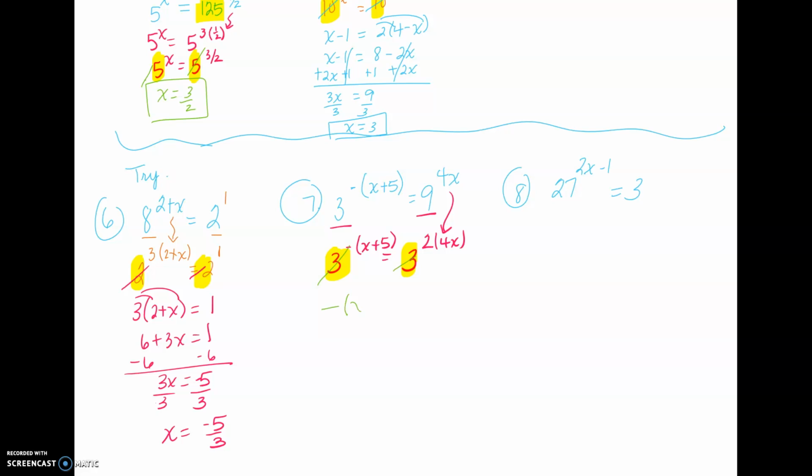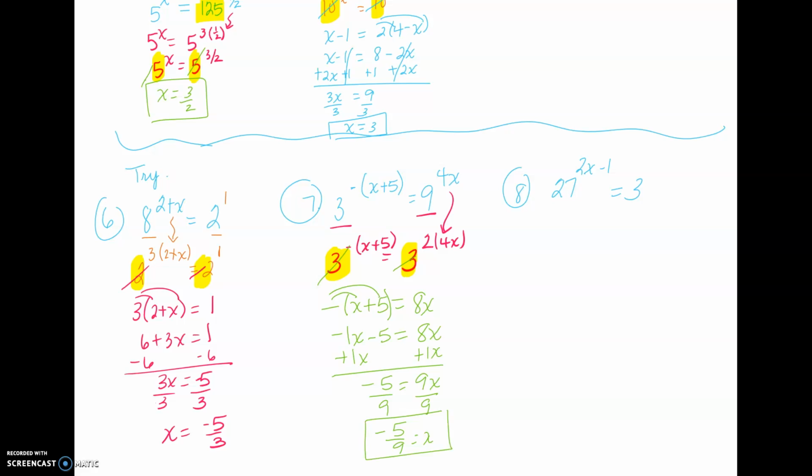We have a negative x plus 5 equals 2 times 4x, which we can write as 8x. Now, why did I specifically leave that negative there in front? Because I wanted to make sure you knew on the left that you have to share that negative. That's like a negative 1x minus 5 equals 8x. Now we're going to add 1x. Negative 5 equals 9x. Divide by 9. So negative 5/9 equals x.